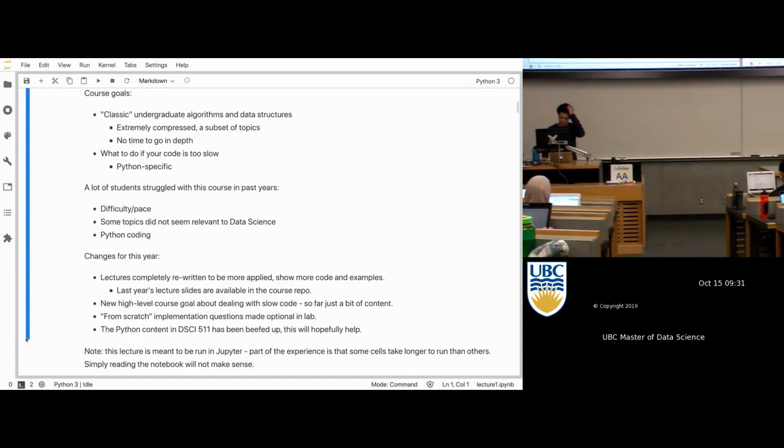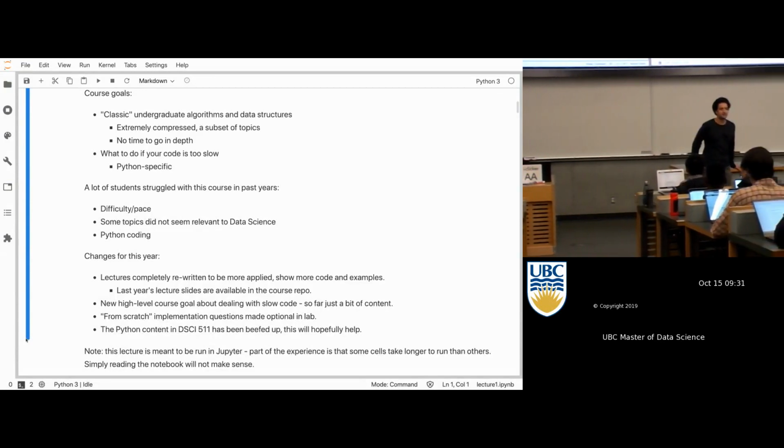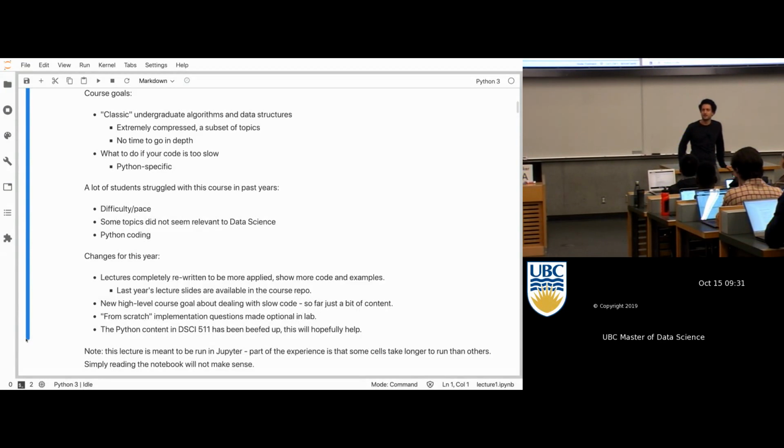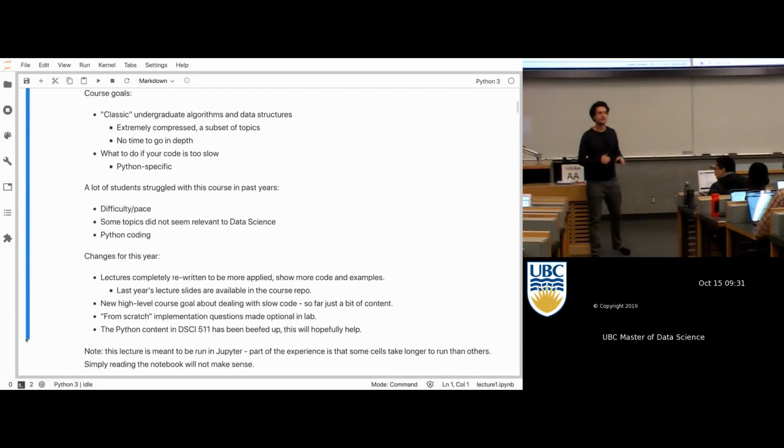This course also had a bunch of lab questions that said, implement such and such algorithm from scratch. And those are probably the ones that people struggled with the most last time. They're not essential to what I want you to get out of this course necessarily. So I've made those optional and added other stuff to the labs instead.